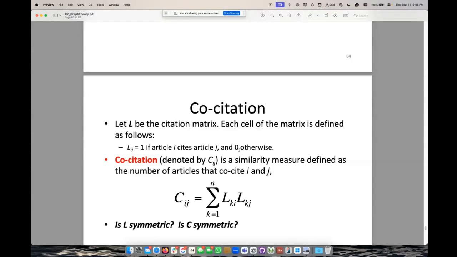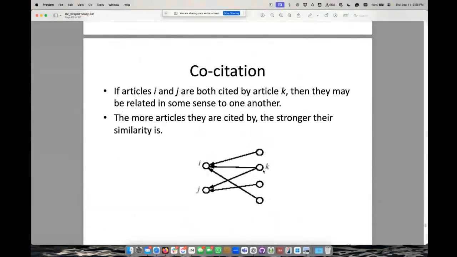Okay. Now we already know that the matrix L is asymmetric because it's a directed graph, right? So for a directed graph, we know that this matrix is asymmetric, meaning the above diagonal entries may not be the same as the lower diagonal entries, because it's not necessary that if k cites I, then I will also cite the article k back.